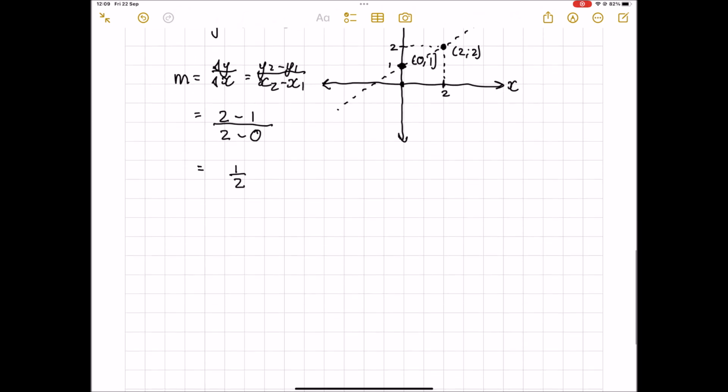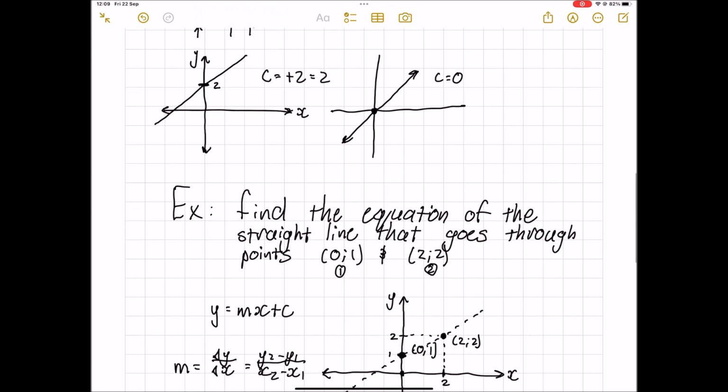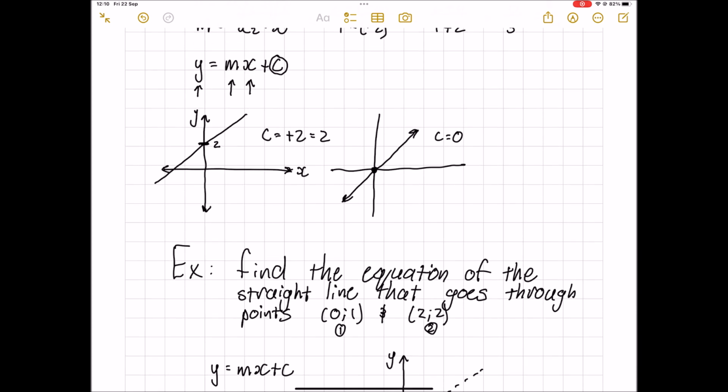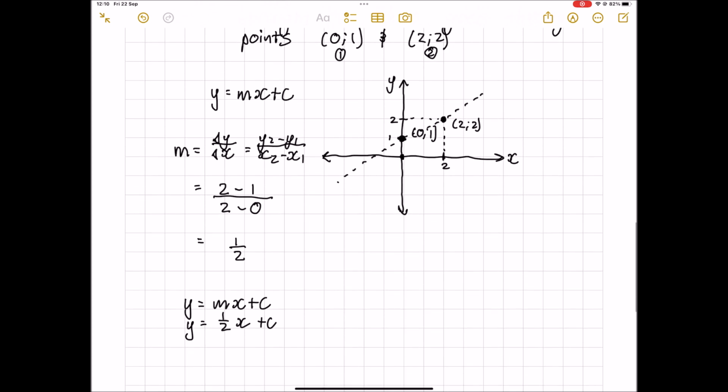So now if you go back to your y equals mx plus c equation, then you can plug in your values, which is going to be a half x plus c. And if you remember, we said that your c is your y-axis intercept, and we already know what the y-axis intercept is.